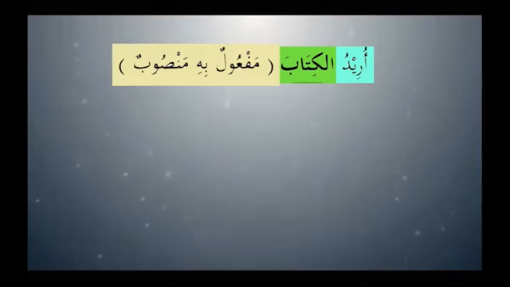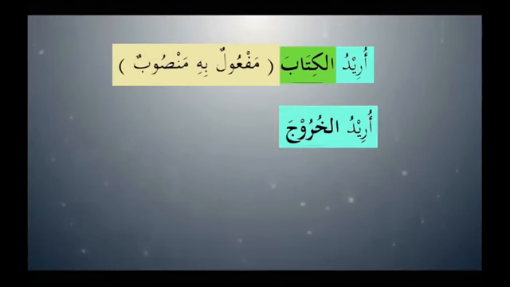So this is a normal sentence. We say uridul kitaba. It means I want the book. So what is al-kitaba? That is your maf'ulun bihi, a normal maf'ulun bihi. It is not a masdar, it is a normal object. So it is maf'ulun bihi mansubun, ending with fatha. If you say uridul khuruja, this al-khuruja is a masdar.